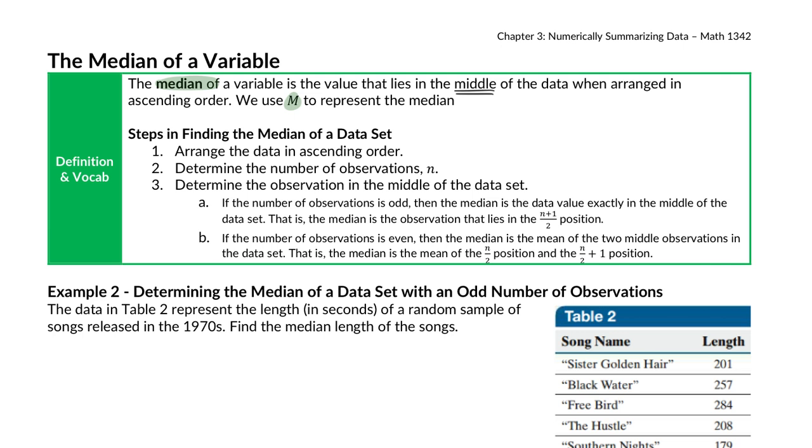Determine the observation in the middle of the data set. The reason you want to know the number of observations is because if the number of observations is odd, then you know exactly the correct answer. It's whatever one is actually in the middle. But if your number of observations is even, you're going to take the 2 in the middle and then find the mean of them. So you're going to add those together, divide by 2, which is all things you learned in 8th grade math, you just might have forgotten.